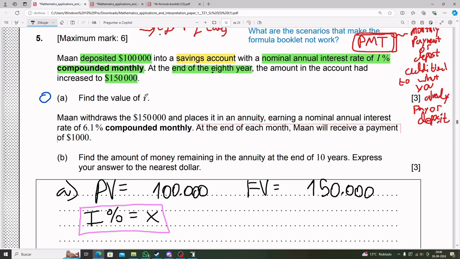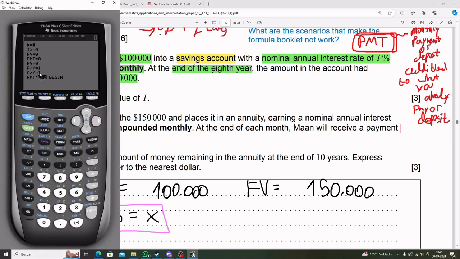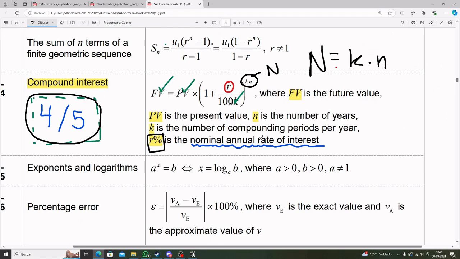Compounded monthly, right? So how do you express compounded monthly over here? Well, in the formula booklet, K is the number of compounding periods per year. So just a little bit of context, if it's monthly, how many months are in a year? 12. If it's yearly, how many years are in a year? 1.